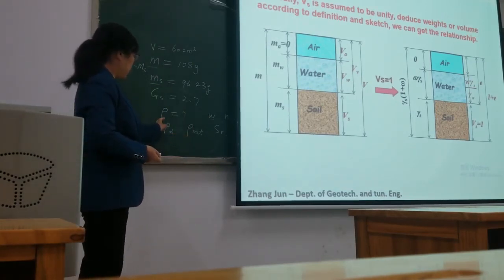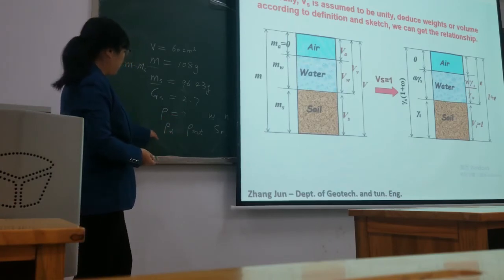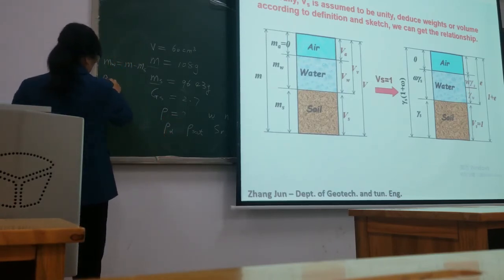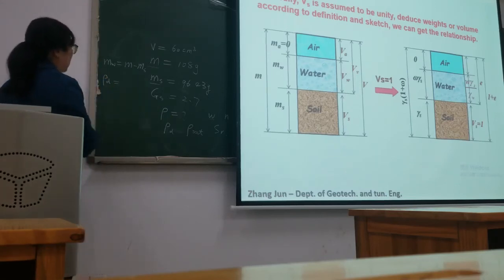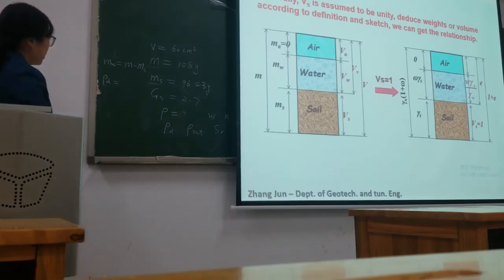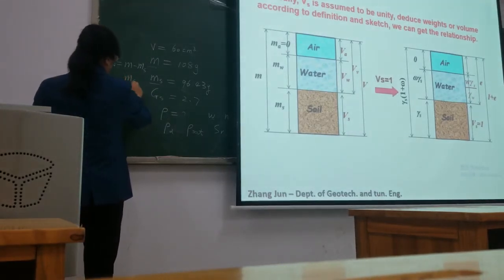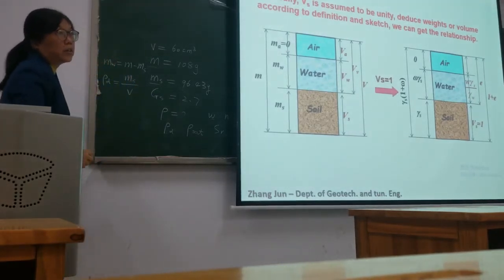And that's dry density. We calculate the dry density, Ms divided by V. Okay.